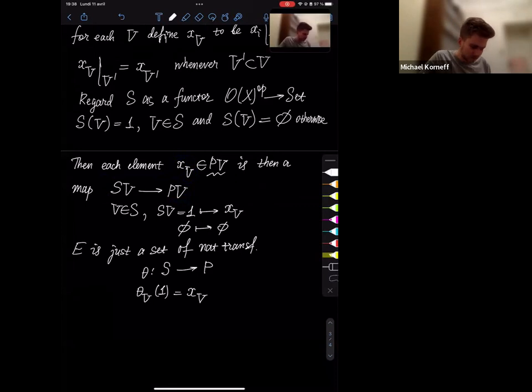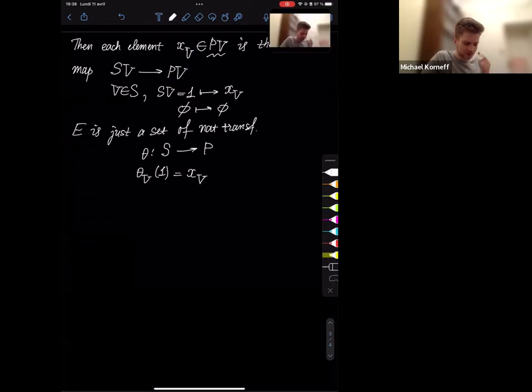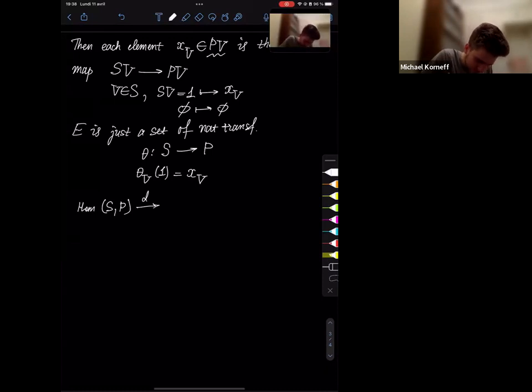And then we can form the following diagram. We know that E is an equalizer and is just a set of natural transformations.